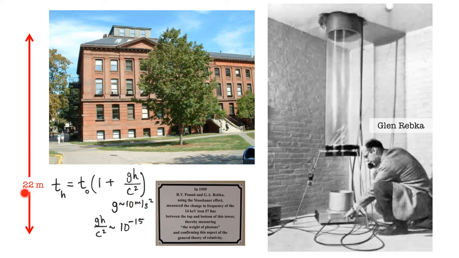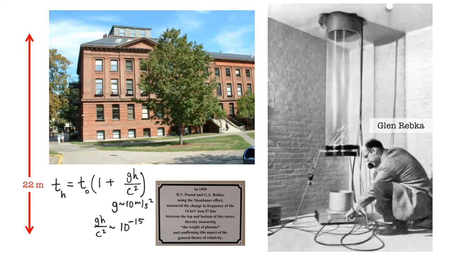And for a height of something like 20 meters, this term gh over c squared is very small, because c is enormous compared to this quantity gh. So c squared is enormous compared to that quantity gh. And that term ends up being about 10 to the minus 15. What does that mean? Well, that means that the high clock is going to tick more times than the low clock, but over the course of a whole day, that difference in number of ticks will be less than 1 nanosecond.